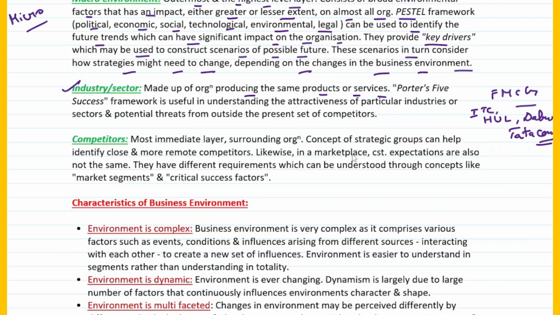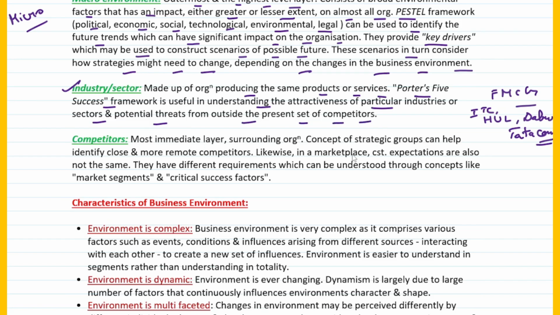Now when you have to understand the industry or the sector, the concept that you need to analyze is Porter's 5 forces framework, right? This is again something which we will be looking at in 9.2. So Porter's 5 forces framework is useful in understanding the attractiveness of particular industries or sectors and potential threats from outside the present set of competitors.